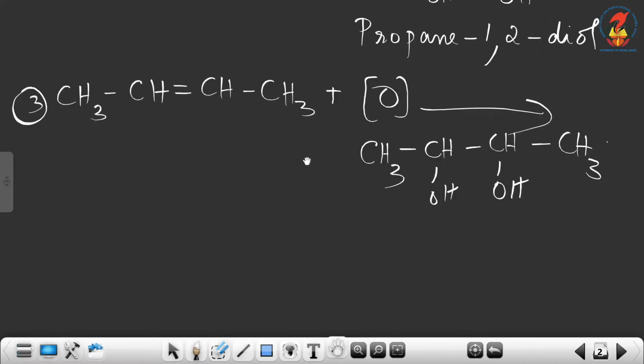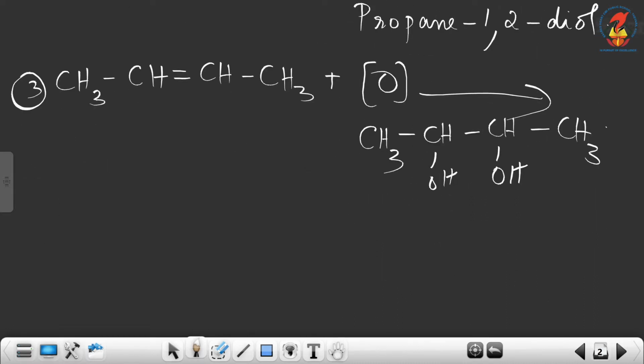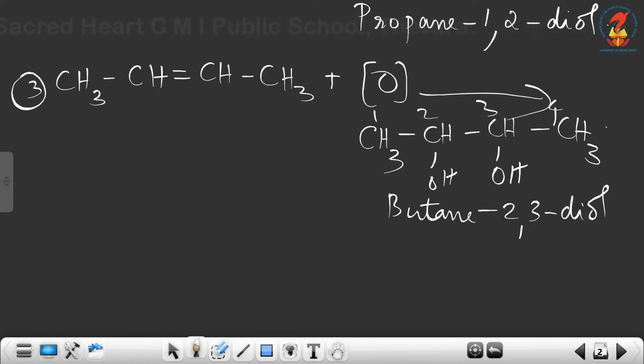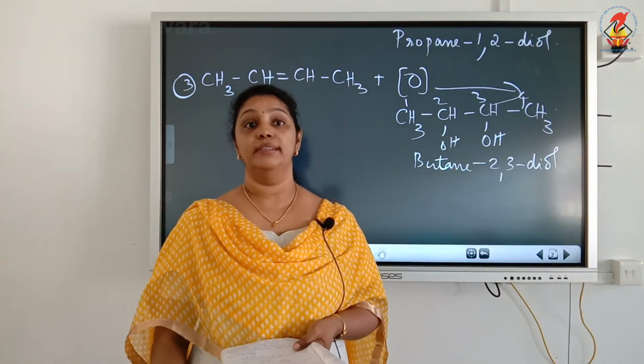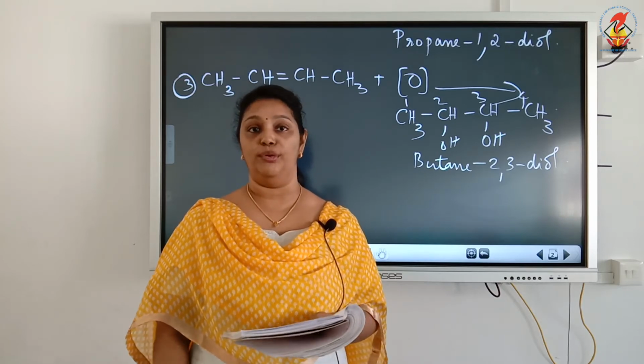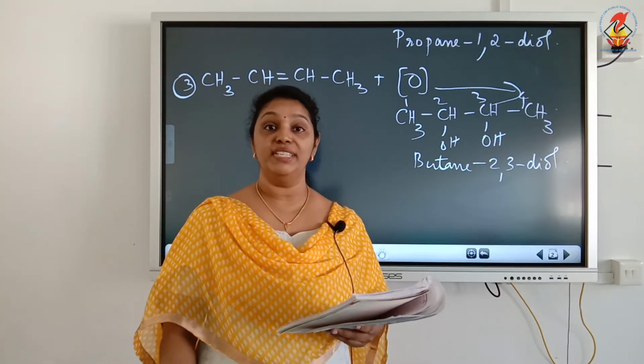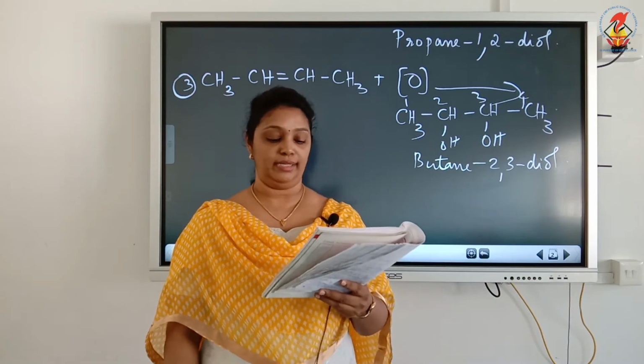So what's the name of the product? The product will be butane. Let's write the name of the alkane first. 2, 3. From any side, left or right, you number, both carbons attached to the functional group get the same number. So butane-2,3-diol. So this is the oxidation reaction of alkene with dilute aqueous KMnO4. You get vicinal glycol as the product.